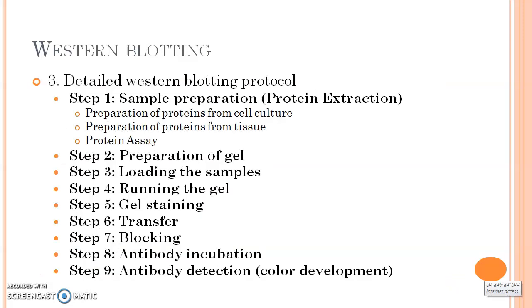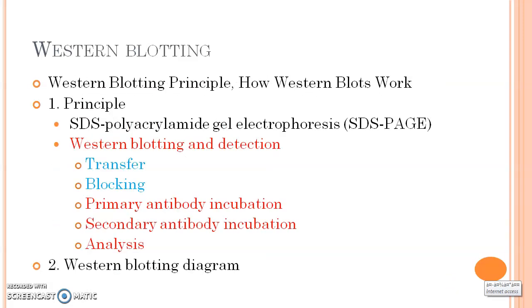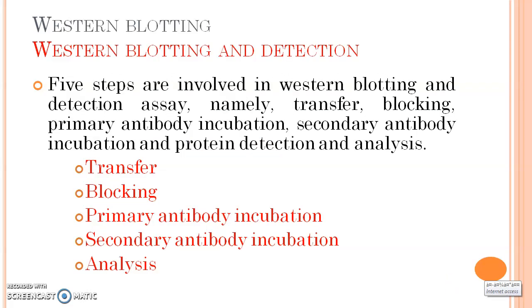In this particular video, we are going to deal with Western blotting and its detection, particularly the transfer, blocking, primary antibody incubation, secondary antibody incubation and analysis, which are the 5 stages. Among these 5 stages, in this video we will go through transfer and blocking, and in the next video, we will go through the primary antibody incubation, secondary antibody incubation and analysis.